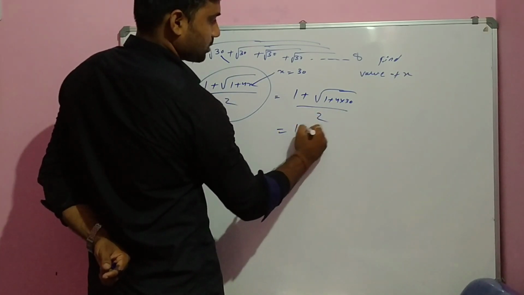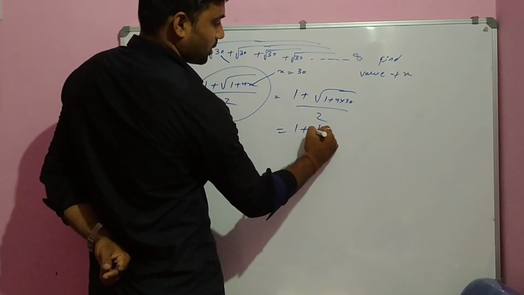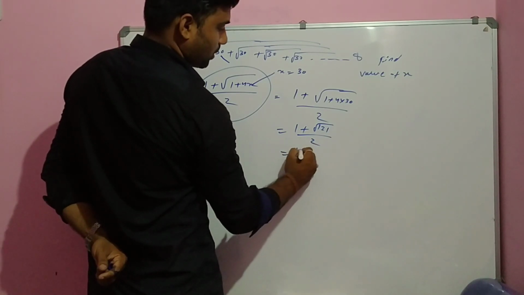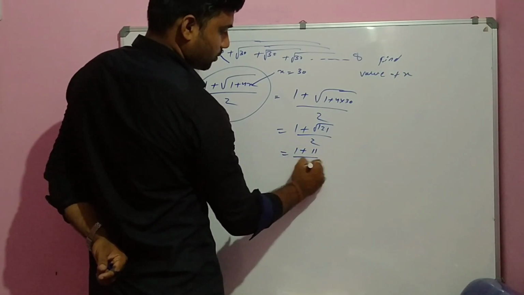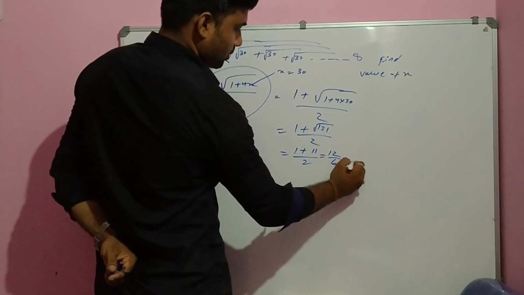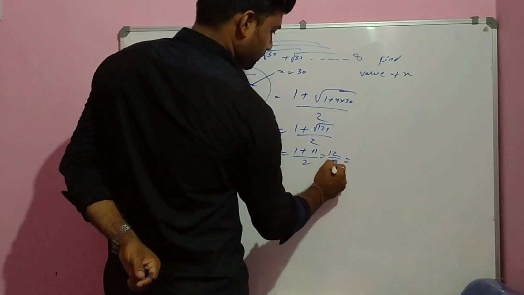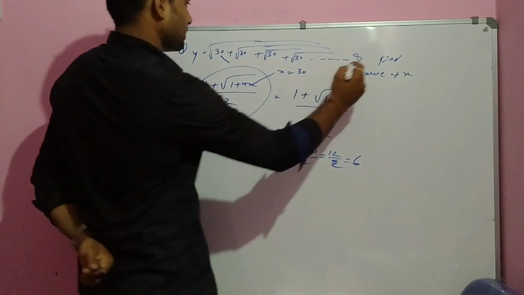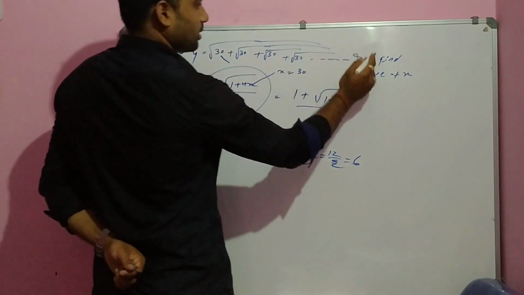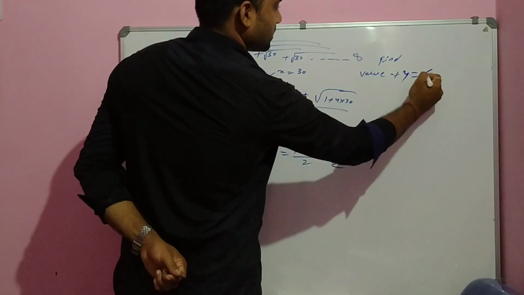It will be 1 plus the root of 121, by 2. That is 1 plus 11 by 2, which is 12 by 2, which is 6. The value of y is 6.